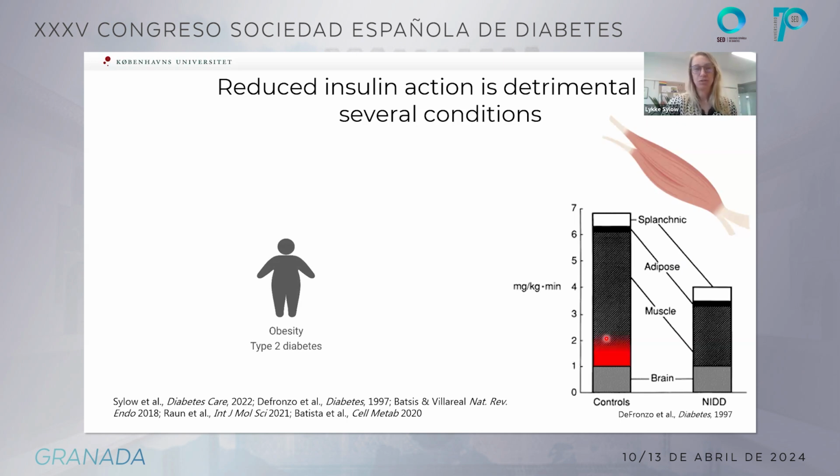This was shown first by Ralph DeFronzo, showing that in healthy control subjects, the vast majority of glucose goes to the skeletal muscle in response to hyperinsulinemia. Whereas in many of the different organs glucose uptake was not influenced in type 2 diabetes, skeletal muscle was really a major site of insulin resistance, where there was a lowered insulin-stimulated glucose uptake.